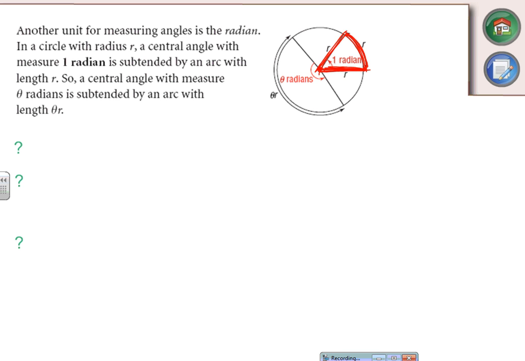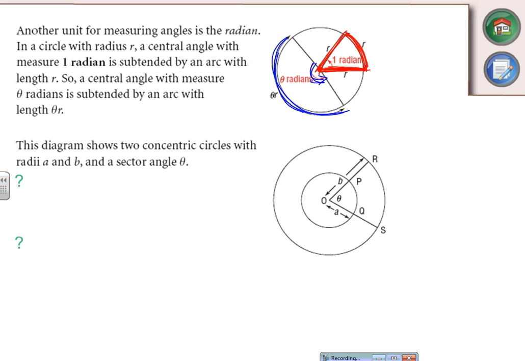Whatever angle I have, whatever it be, is going to be how many radians I have on the outside when we compare it to the proportion of the full circumference that we're talking about. And all they're doing is showing here that if we put one circle inside the other, if you double the radius, you're going to double the amount of arc length that you have to travel by.